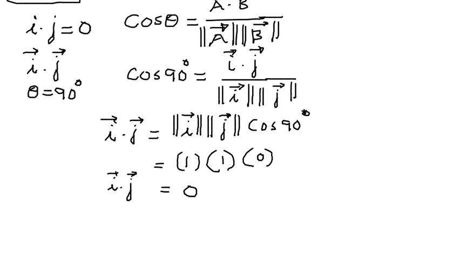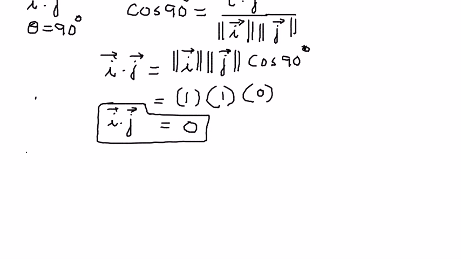And this is what we have proved, and this is what we have been using in the example problems in my previous presentation, and we will use this moving forward as well. Now, having said this, we can also say similarly vector J dot vector K is going to be equal to 0.